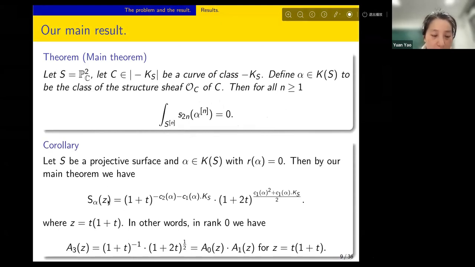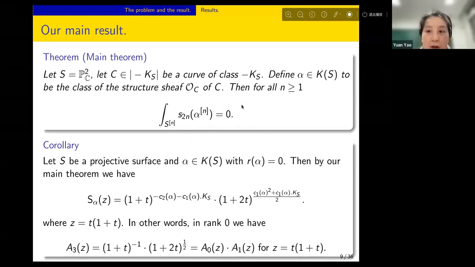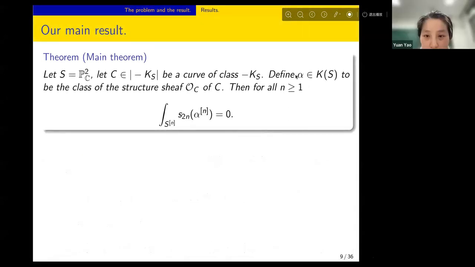Sorry, excuse me. So the rank is the rank of the vector bundle or the rank of this class? Rank of the class. Not the vector bundle. It's not always a vector bundle. The rank can be any integer. It's not even positive.